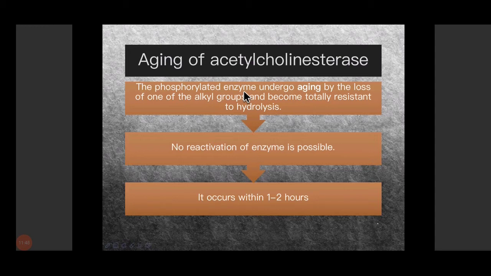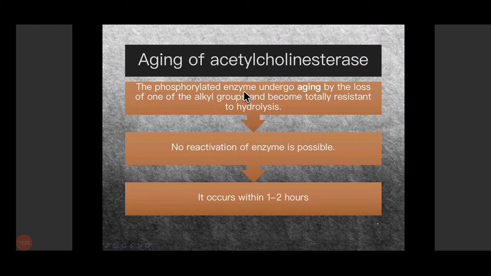Because organophosphorus compounds are important pesticides, and pesticide poisonings are also extremely common as homicidal or suicidal or maybe accidental poisoning. And the time factor is extremely important. If one is not able to manage it soon, the cholinesterase will lose alkyl groups and the phenomenon of aging will set in.